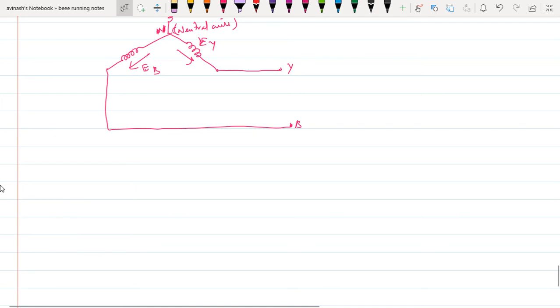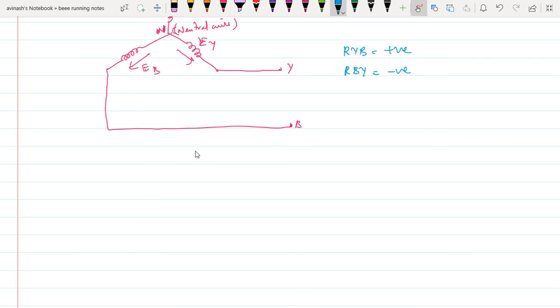By convention, the sequence RYB is taken as positive, in the clockwise direction, whereas RBY will be taken as negative. The EMFs induced in the three phases are shown vertically.